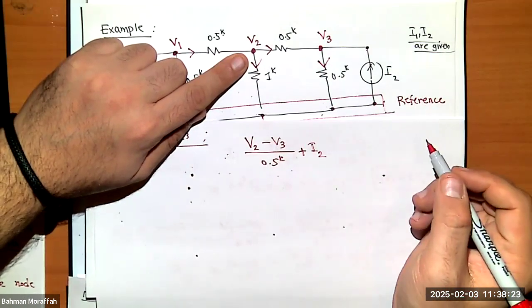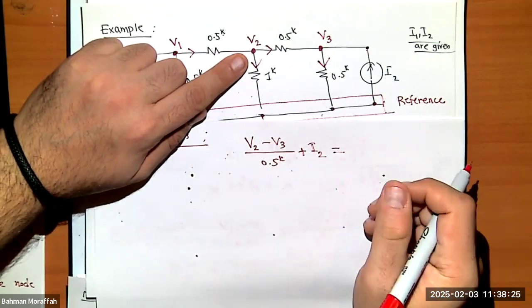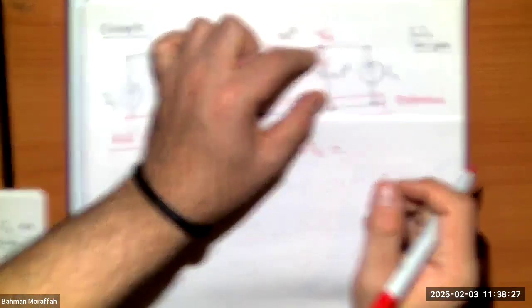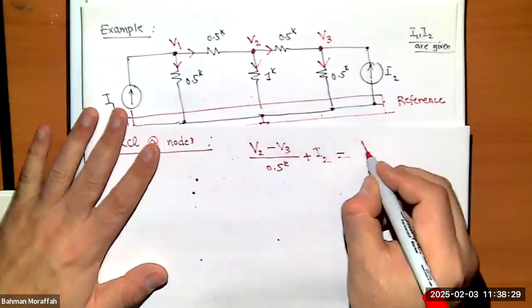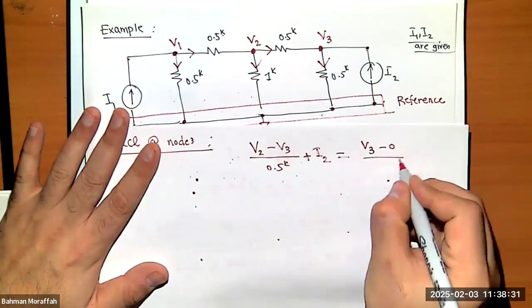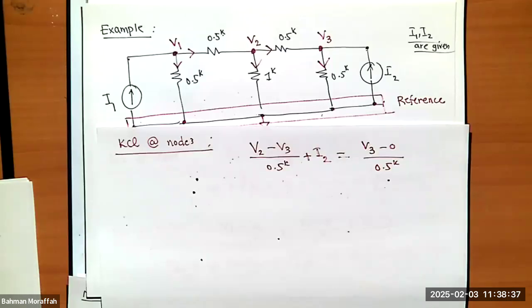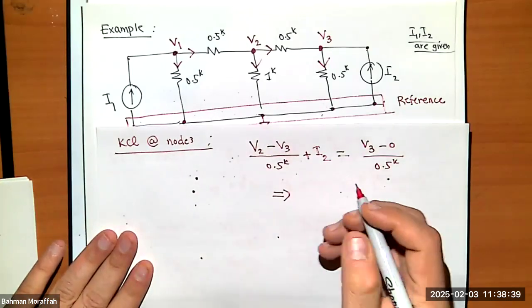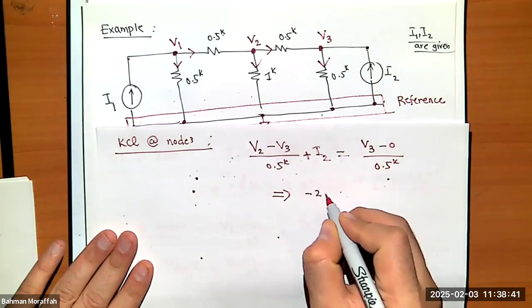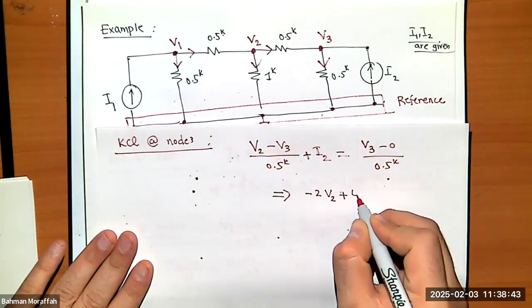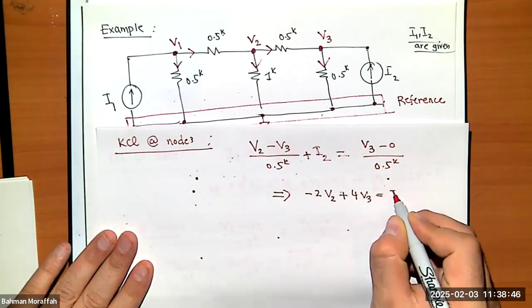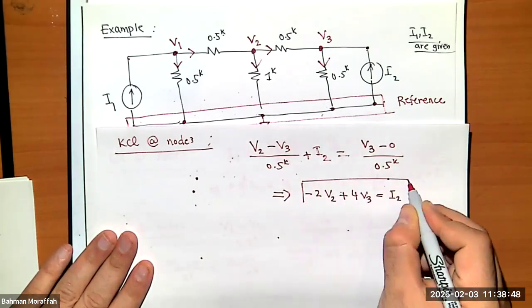I don't have anything else that's coming in, so I have this equals this current that's going out, which is V3 minus 0 divided by 0.5K. Right? Well, I can simplify this, and what I'm going to get is minus 2 times V2 plus 4 times V3. That equals I2.